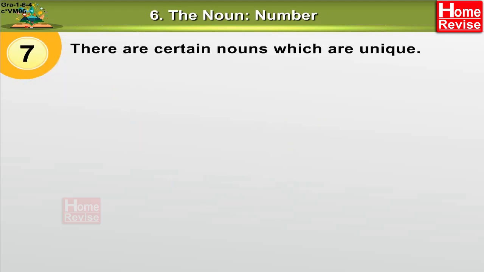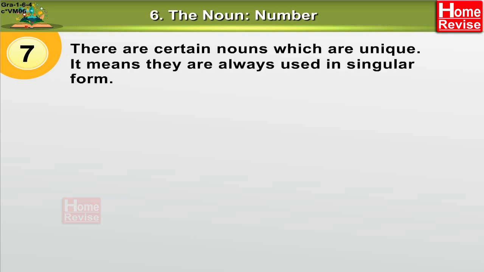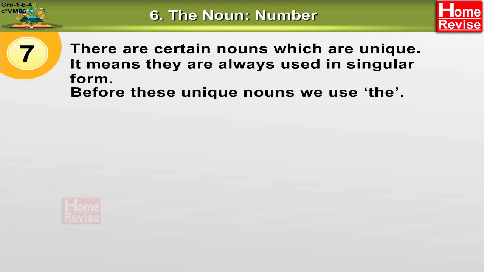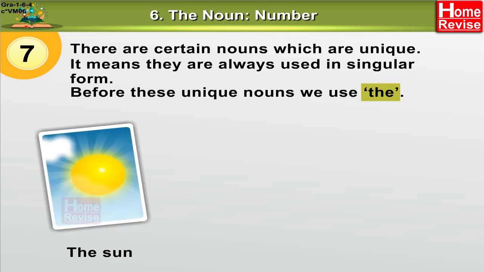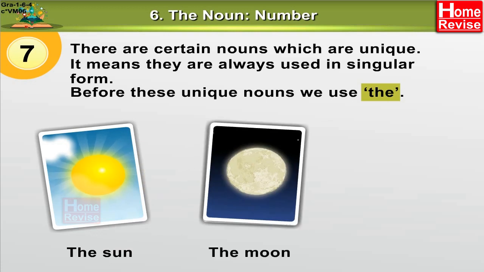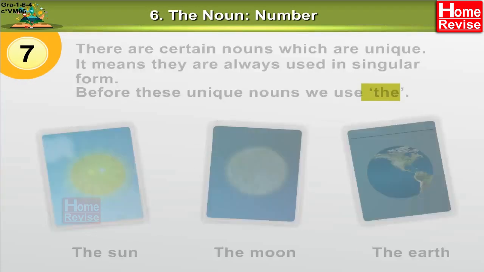Got that? Good. Seventh, there are certain nouns which are unique. It means that they are always used in singular form, no matter what. Now, before these unique nouns, we use the. For example, the sun, the moon, the earth.